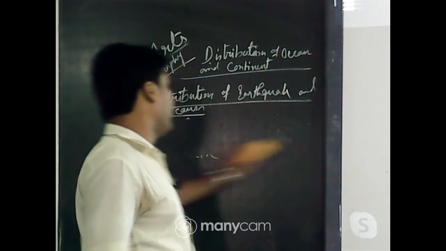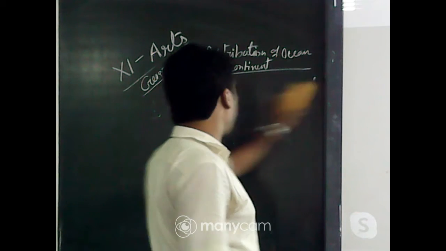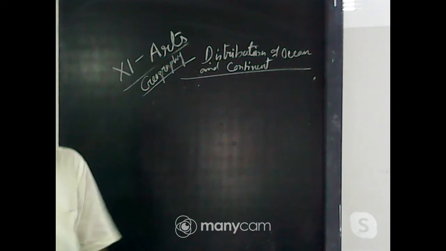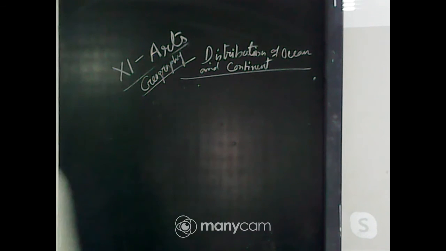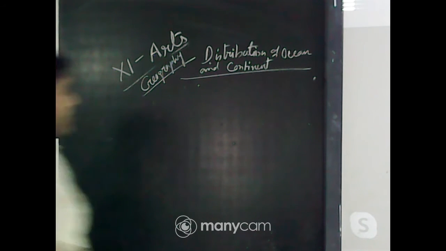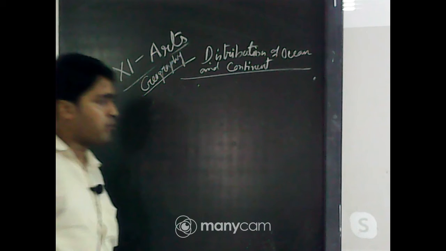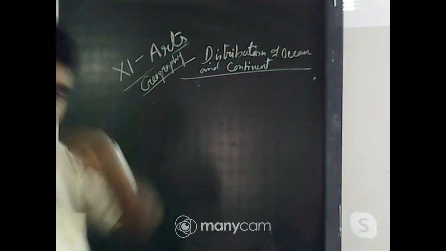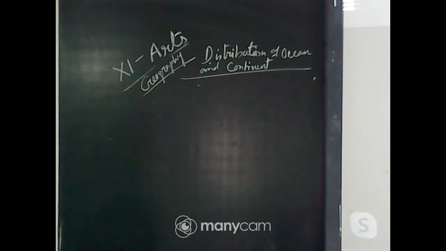So, the distribution of earthquakes and volcanoes under the ocean water you can understand from the map, and this map is also very important for map pointing. You will mark it in your book. Page number 33, world map, figure 4.2. This is important.